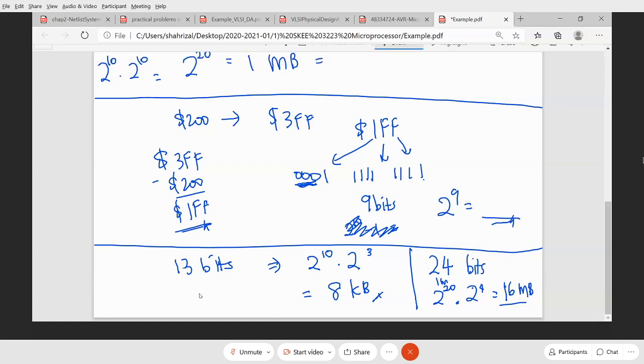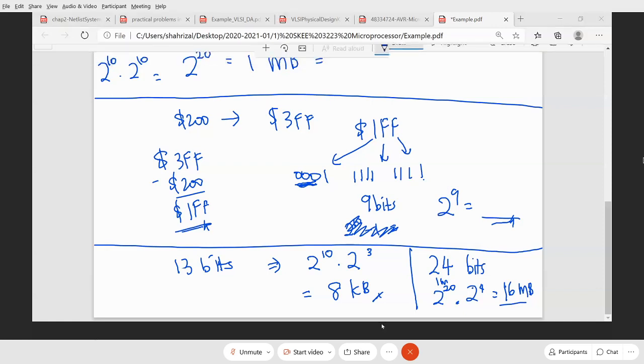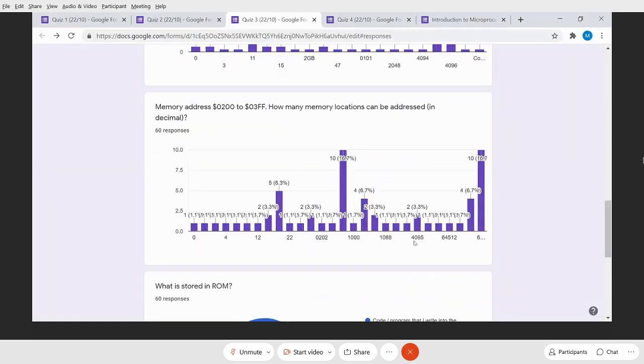You get it? 2 to the power of 9 is 512. So anyone got it correct? 512.